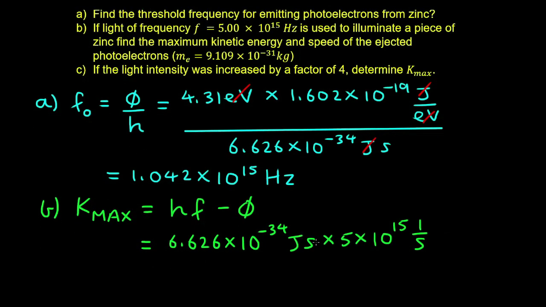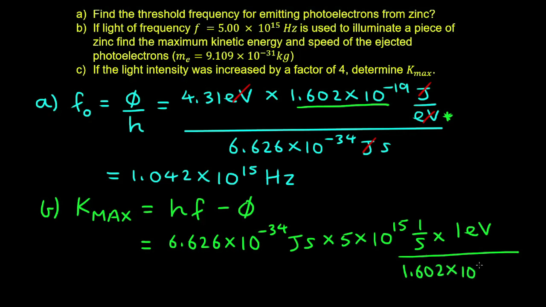What we'll do is convert this into electron volts. Recall 1 electron volt was 1.602 by 10 to the minus 19 joules. So we multiply this by 1 electron volt and divide by 1.602 by 10 to the minus 19 joules.